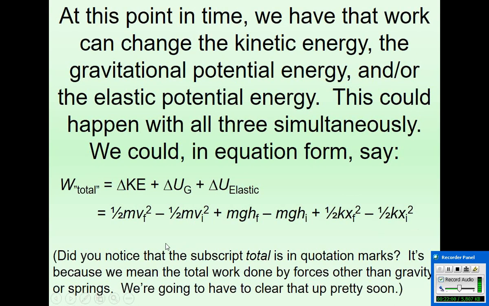If it is something that is far from the surface of the Earth, first of all, I wouldn't have a spring, and second of all, I would have to use the more generalized form for the gravitational potential energy. But for things near the surface of the Earth, we could have kinetic energy, gravitational potential energy using mgh, and elastic potential energy using 1/2 kx squared.